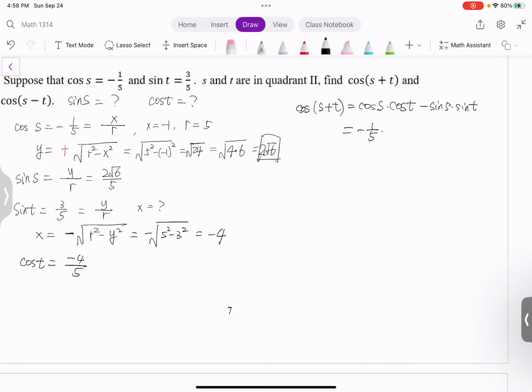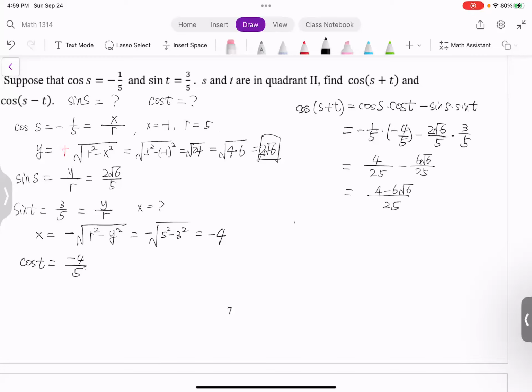Cosine T is -4/5, minus sine S. Sine S is 2 square root of 6 over 5. Sine T is 3/5. So we have 4/25 minus 6 square root of 6 over 25. This is 4 minus 6 square root of 6 over 25.